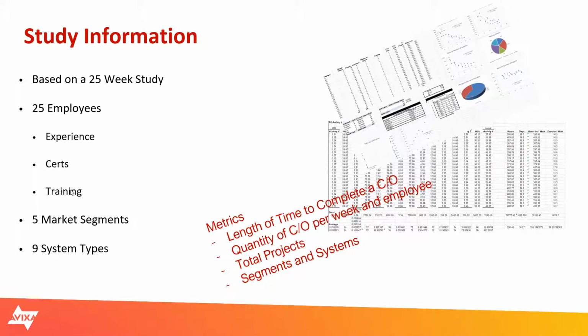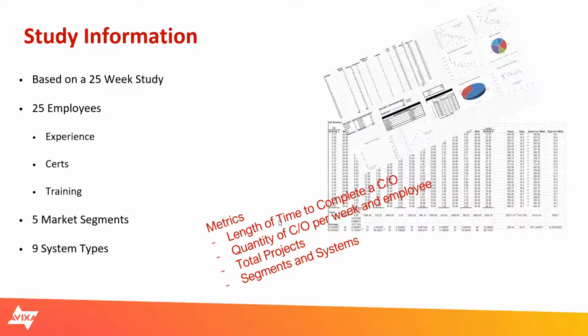And we looked at 5 market segments, so house of worship, corporate, like that. I'll tell you all those markets as we look at the data, and then 9 system types. So was it audio, was it distributed audio? Was it program audio? Those types of things. So 9 different system types that were also deployed.